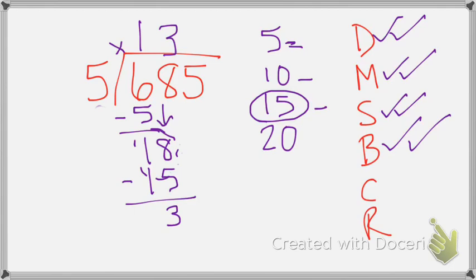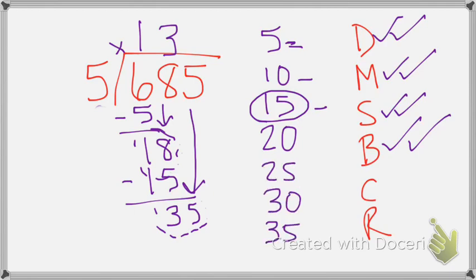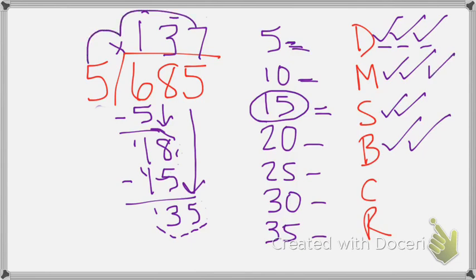Now I look at my bring down. And then I have my sparkle. 35 is next, so I'm going to keep going in my list. So that's 1, 2, 3, 4, 5, 6, 7 times. That's my divide. So I have 3 check marks this time because I had 3 digits here. Now I multiply. 7 times 5 is 35.